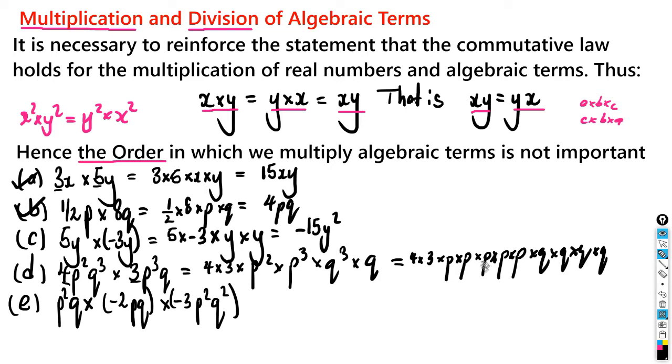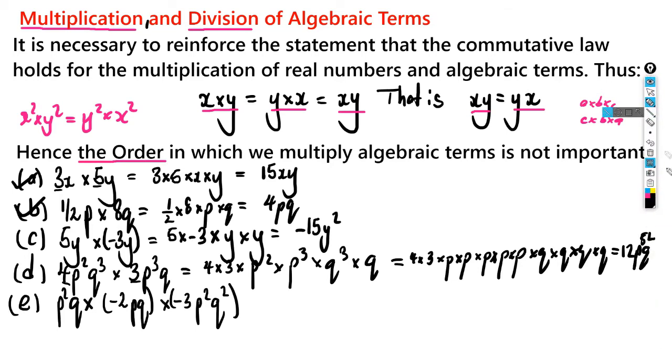So if we add all of these up, we get 4 times 3, which is 12. From the 1, 2, 3, 4, 5 p's, it's p to the 5. And the q's are 1, 2, 3, 4, so it's q to the 4.